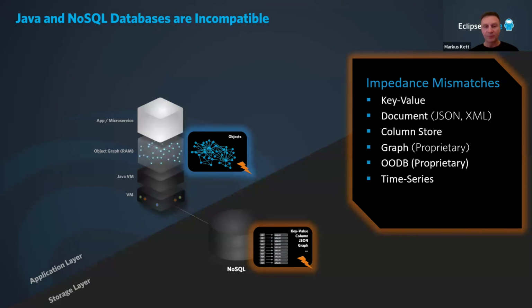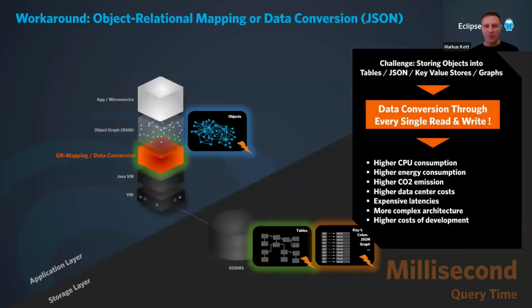It's not possible. So to solve this technical problem, we use object relational mapping for relational databases and data conversion for NoSQL databases, like JSON conversion. And the problem is, for storing objects, we need this data conversion or object relational mapping through every single read and write.